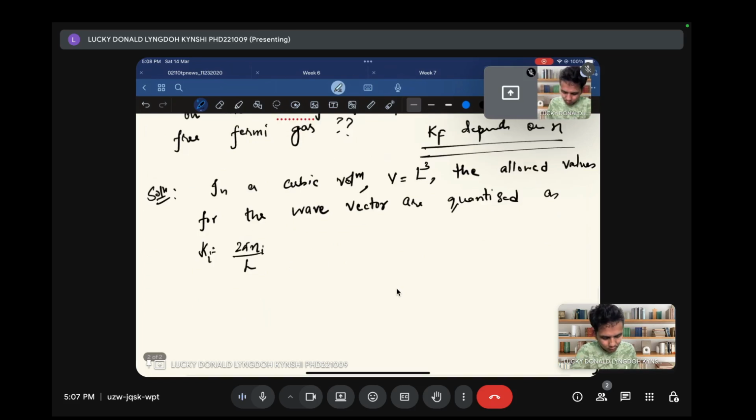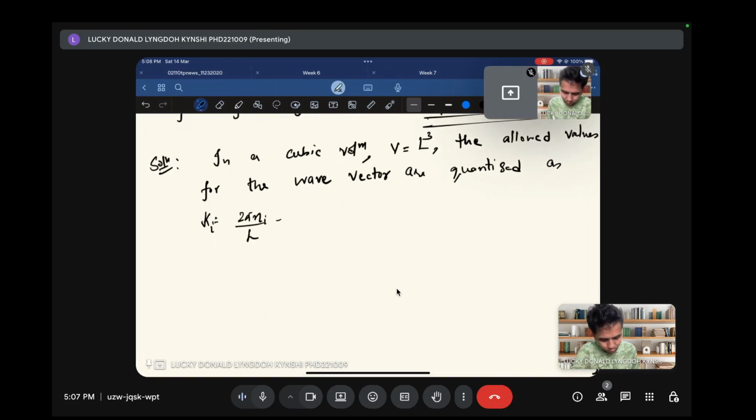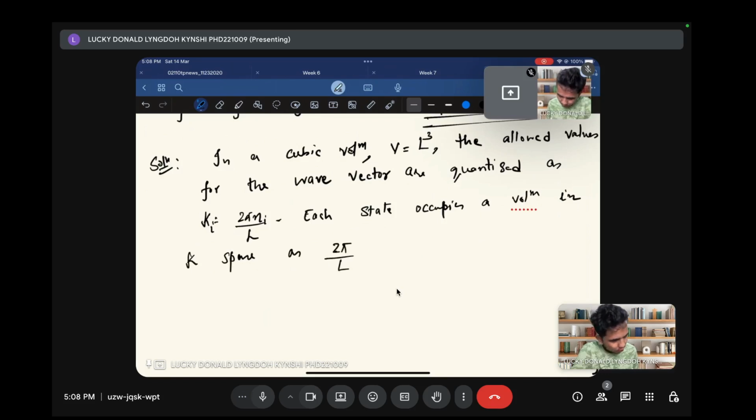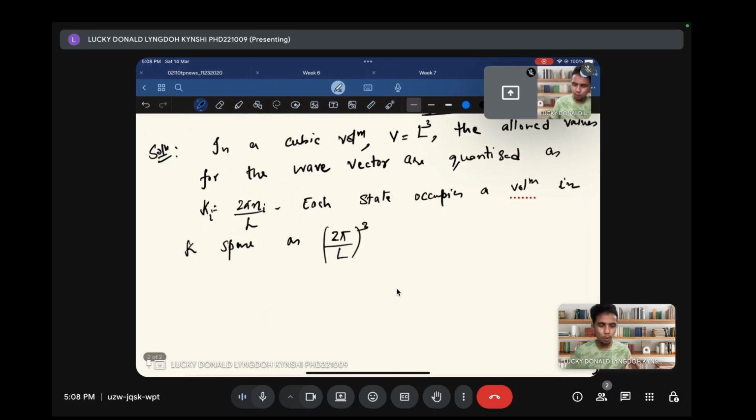Since each state is represented by 2 pi n divided by L, each state occupies a volume in k space as a cube of it, 2 pi by L to the power cube.